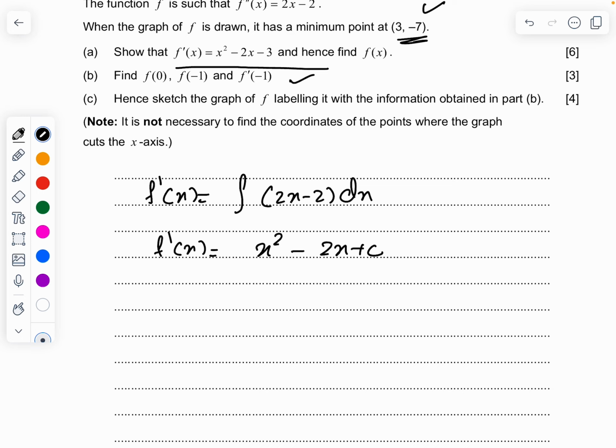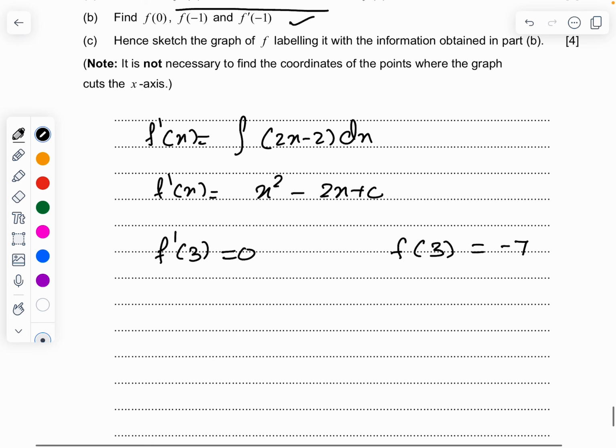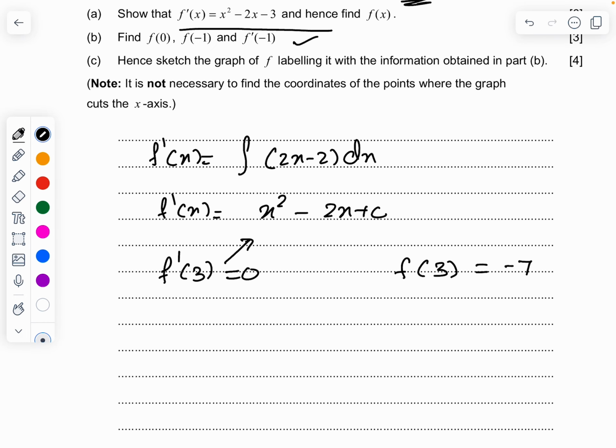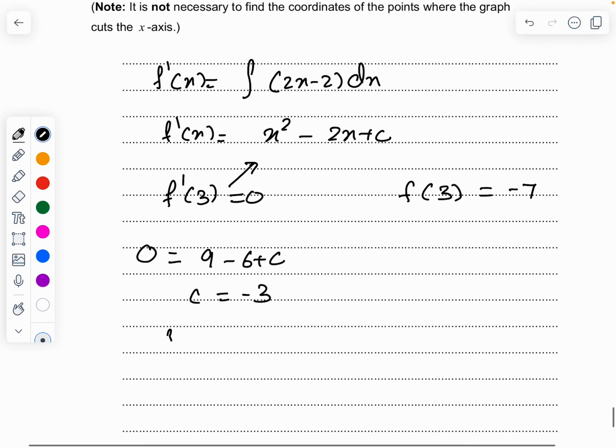The minimum point is 3 means f prime of 3 should be equal to 0 and f of 3 should be equal to negative 7. Now plug in f prime 3 equals 0, means 0 equals 9 minus 6 plus c. So c equals negative 3. So f prime x will become x squared minus 2x minus 3.